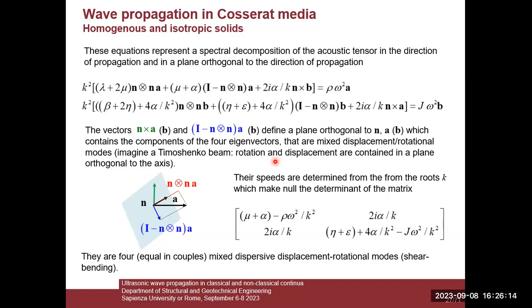You've got a wave which propagates along the axis, displacements that are orthogonal to the axis, and rotations about an axis which is orthogonal to both the axis and the displacement. And this is actually the decomposition that this thing is telling you. Obviously, I told it in simpler words with the Timoshenko beam. This is three-dimensional, more complicated.